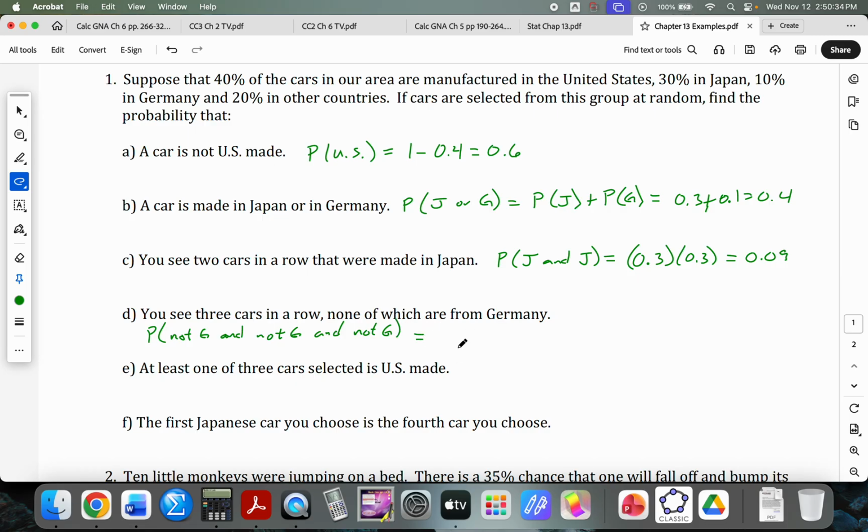What's the probability that the first one is not from Germany? 90%. Yeah, 1 minus 0.1. So if you wanted to write it that way, this would be 1 minus 0.1 times 1 minus 0.1 times 1 minus 0.1. If you want to cut straight to the chase and just say it's 0.9 times 0.9 times 0.9, that is absolutely fine.